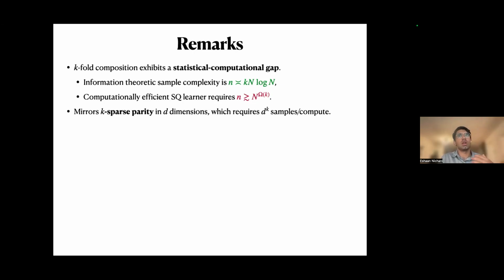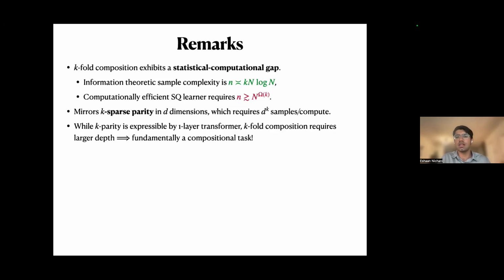One distinction between our compositional function and the k-sparse parity is that k parity is actually expressible by either a one-layer transformer or a two-layer neural network. However, the k-fold composition fundamentally requires larger depth and is thus fundamentally a compositional task which requires multiple intermediate steps.